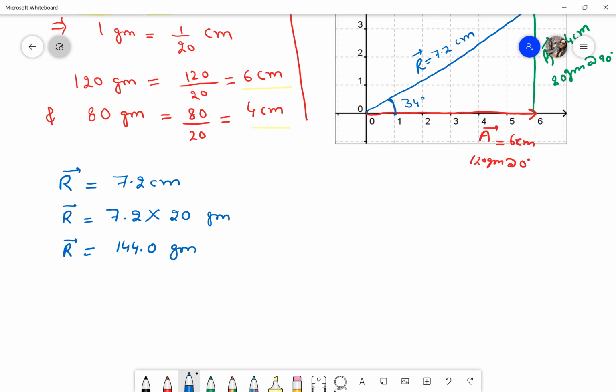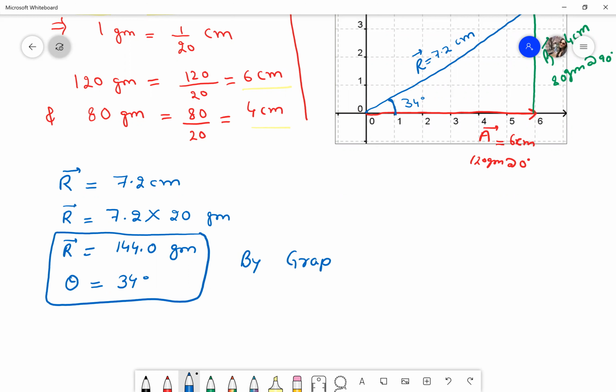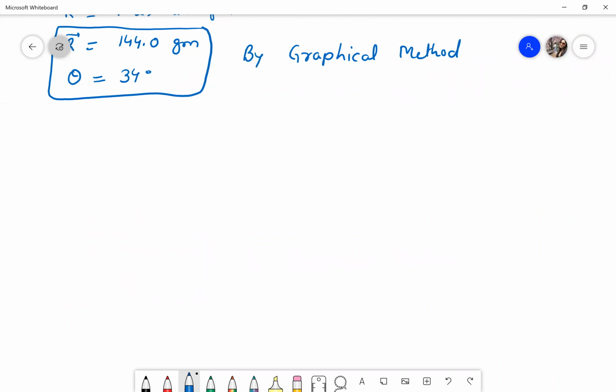So we got the magnitude of our vector R as 144, and theta as 34 degree. This is your resultant by using the graphical method.